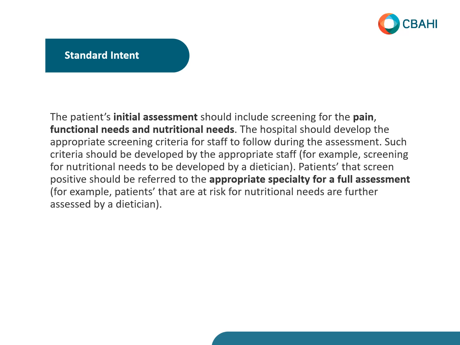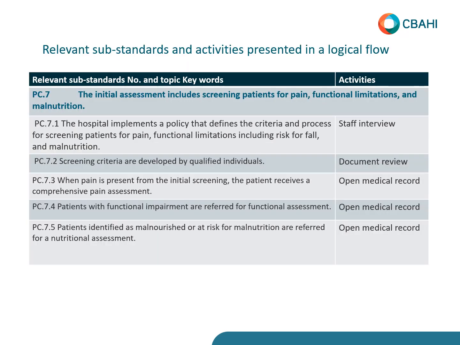For example, a patient at risk of nutritional needs is further assessed by a dietitian. PC7 is scored by the surveyor by the following activities: staff interview, document review, as well as open medical record.